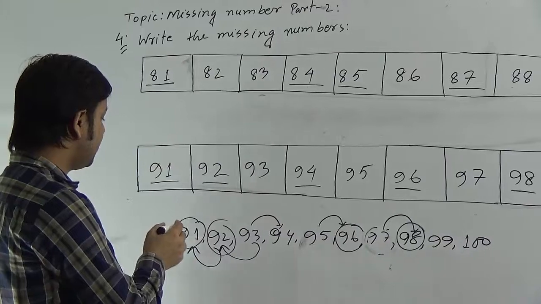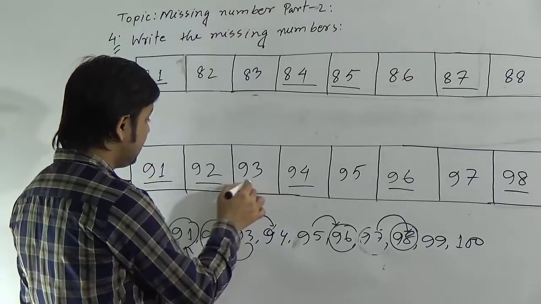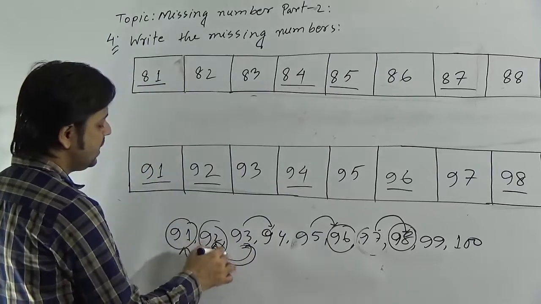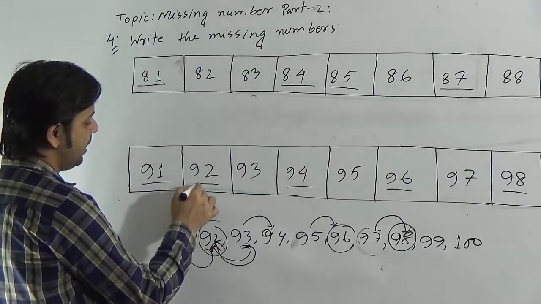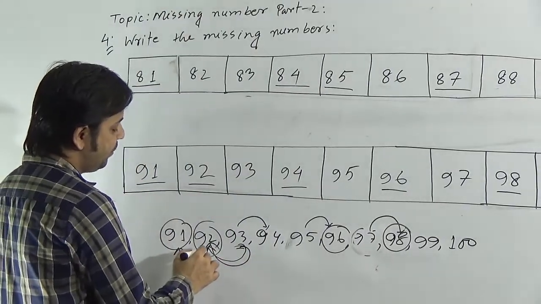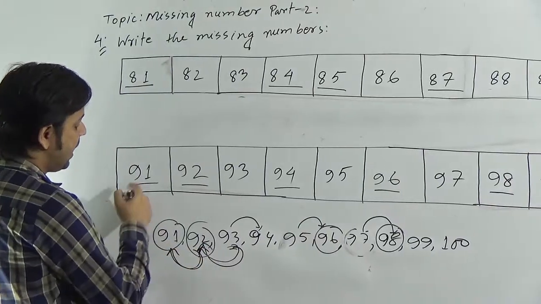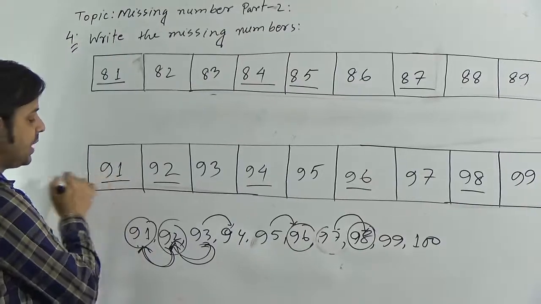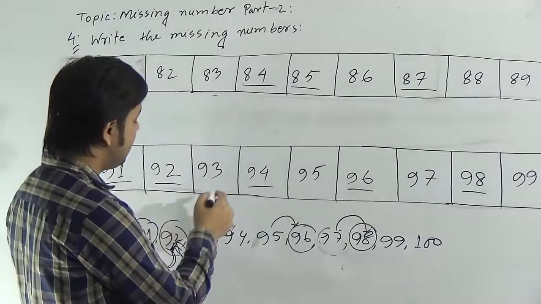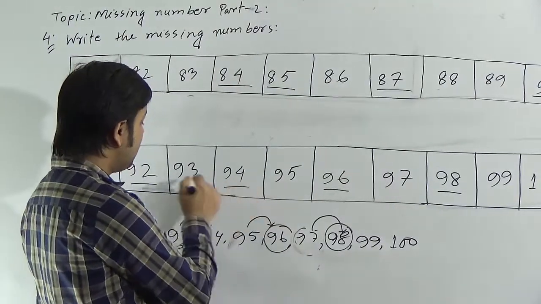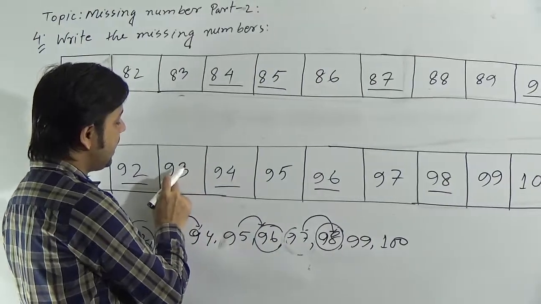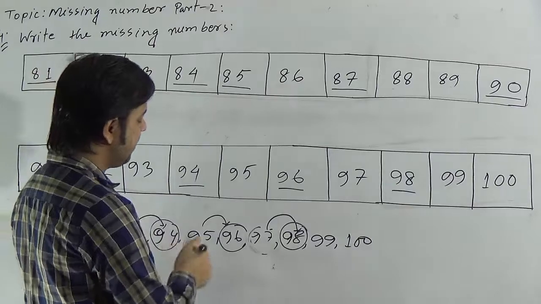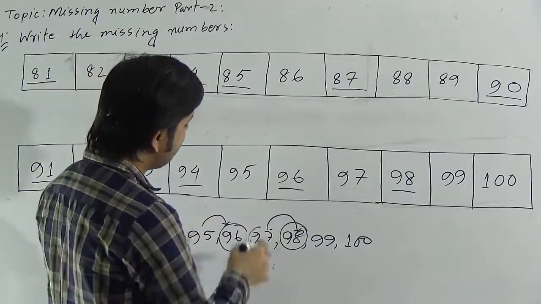Students, observe again. Here 93 is given. Before 93, here is 92, so I have written 92 here. Before 92, a gap is given. Before 92, the number is 91, so we can write 91 here. Then here is a gap given, and after 93 the number is 94, so we can write 94 in the gap, and 95 is given again.